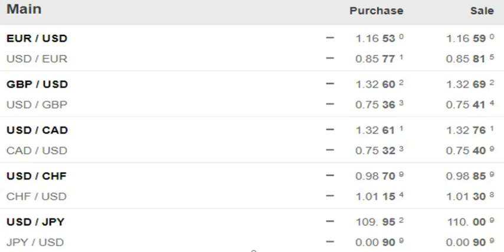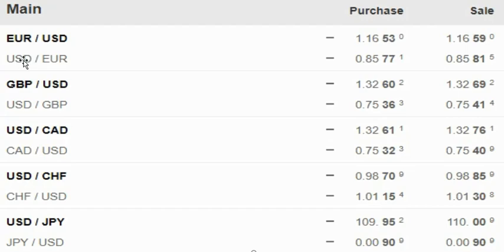So here's an example of a live currency quote. You can see we have the main Euro USD, GBP USD, and so on. We have the purchase price, which is the bid, and then we have the sale, which is the ask. So the broker purchases at the bid price, and then the broker sells it to you at the ask price.